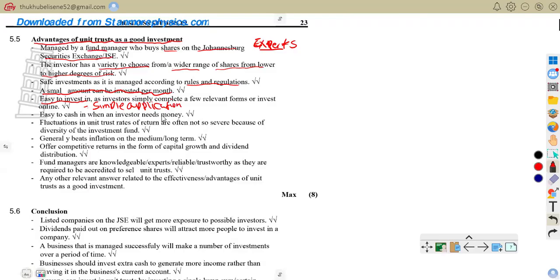So that is that. Easy to invest in, easy to cash in when an investor needs money. So units can be sold back to the fund anytime.